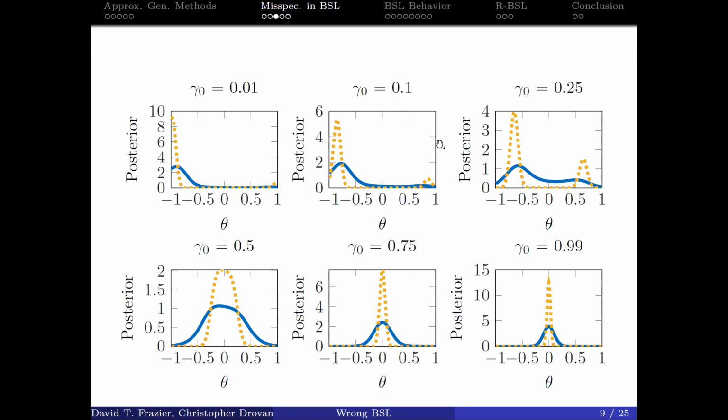For less misspecified models, it's concentrating on the interior of the parameter space, but it's bimodal. And indeed, what you can show is if I look at any value of this gamma naught between 0.1, say, and up to 0.49, it's bimodal. And eventually the modes converge and you get this area of posterior flatness. But after about 0.75, you get a single mode. And so the posterior looks nice, it looks Gaussian.